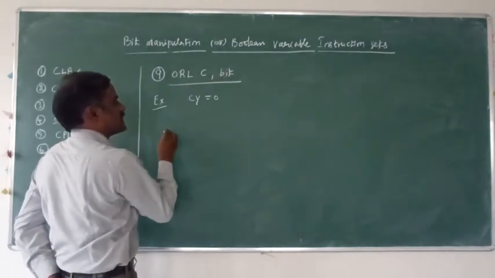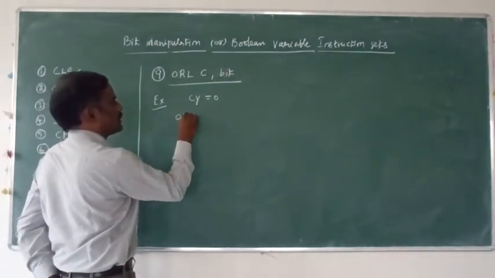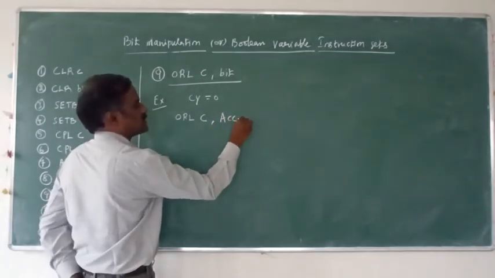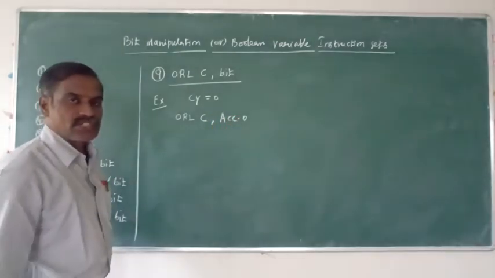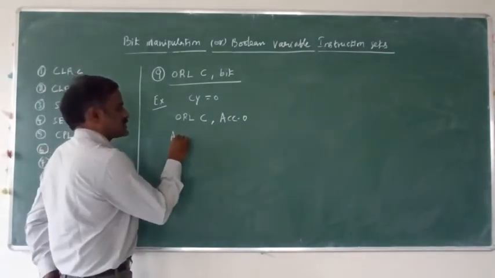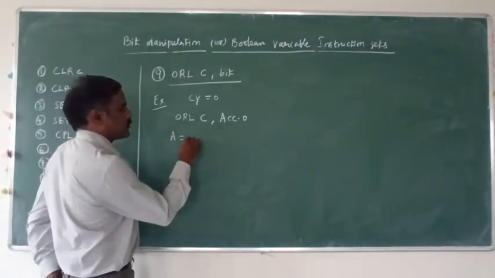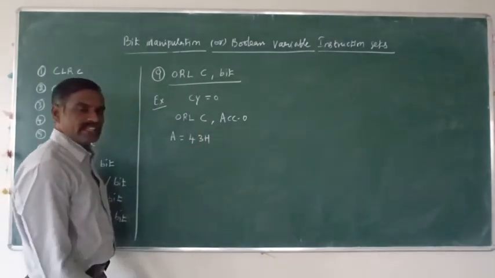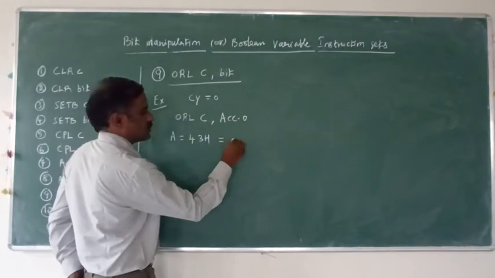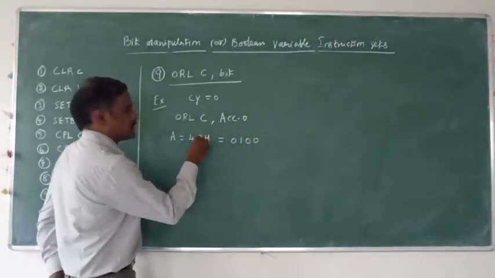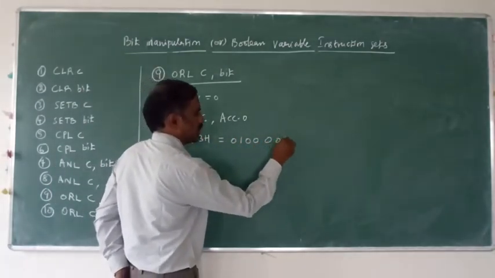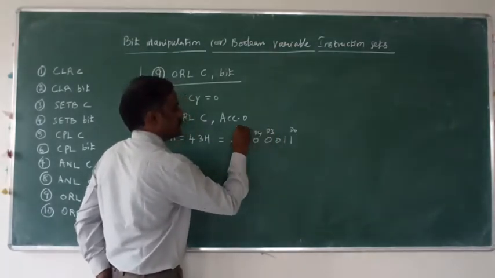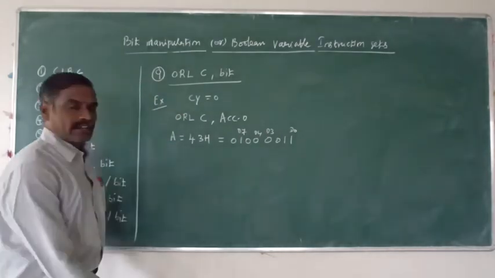Here the particular bit means we have to set ORL C comma ACC.0. Now first we have to set what is the data in accumulator. 43H. 43 means 0100, 3 means 0011. This is the D0 bit. D3. This is for D4 and D7. Okay.